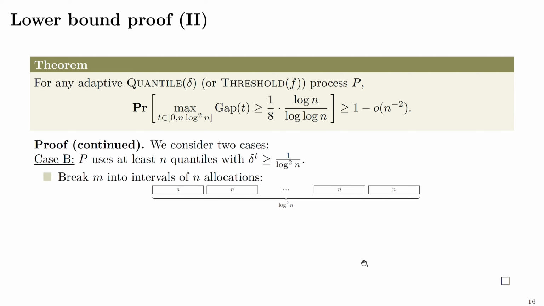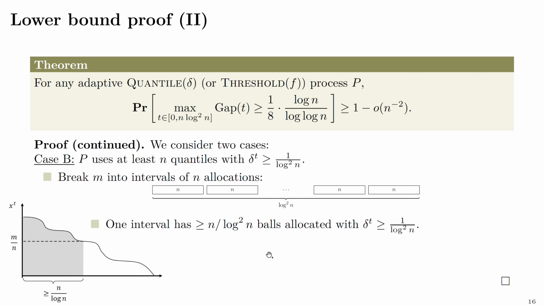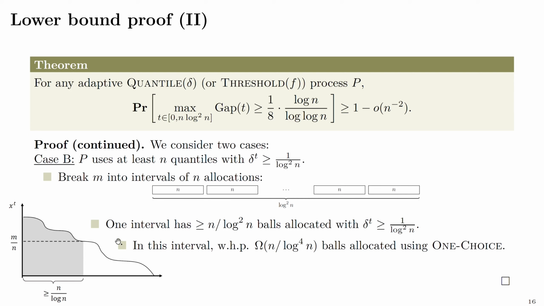And this means that if we break the allocation into intervals of n balls, then there will be one which has at least n over log squared n balls with large quantiles. And this in turn means that if we look at the n over log n heavier bins, then we are doing one-choice over them. And by properties of one-choice, we get that the gap is omega of log n over log log n.